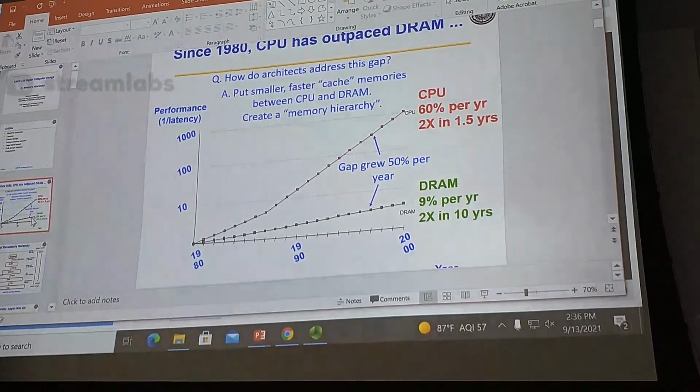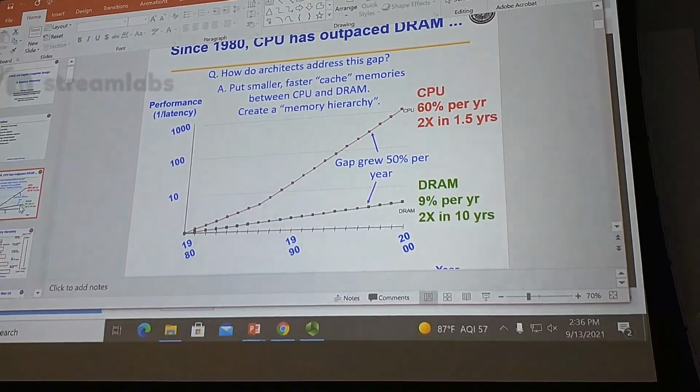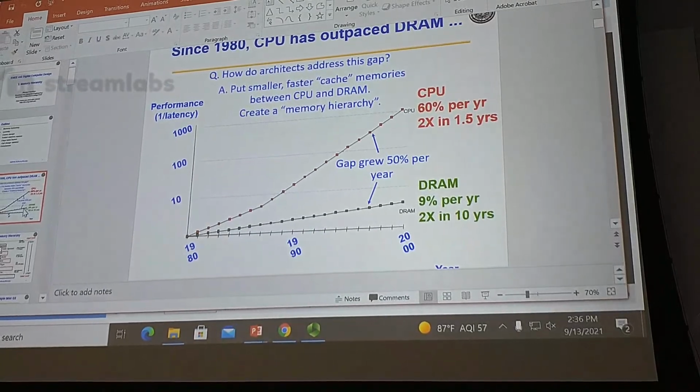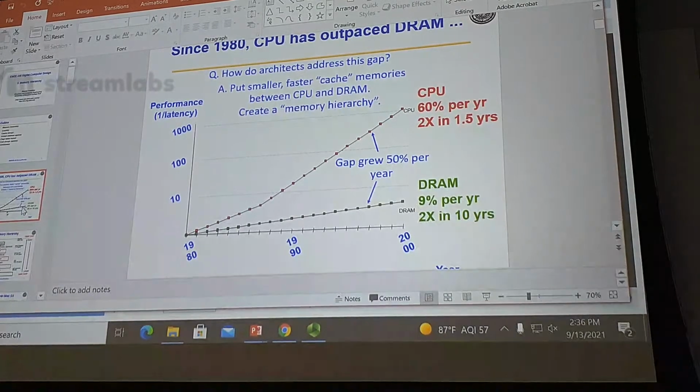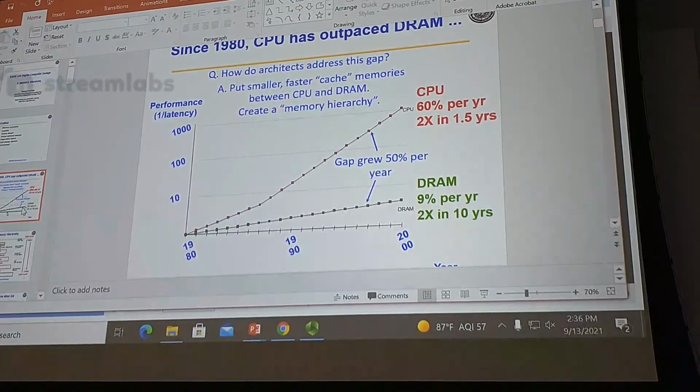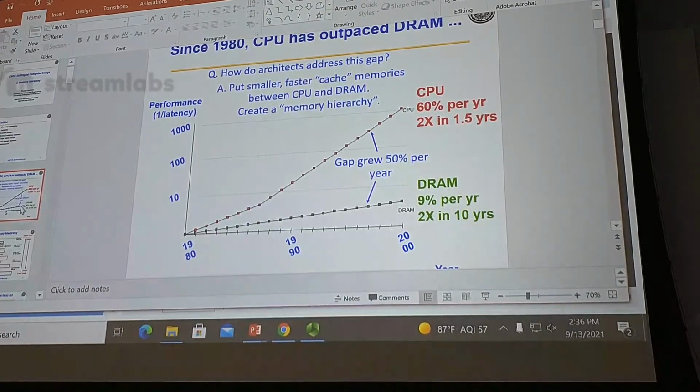von Neumann model of computing where we have a processor and memory as two separate things.